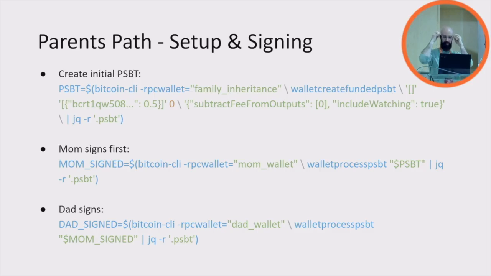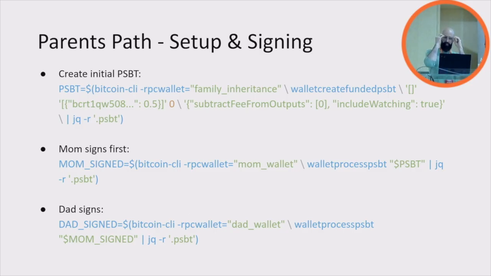Sorry, my glasses are slipping. So we can create a PSBT for our wallet, and Mom will sign first. She will use the wallet process PSBT call with the PSBT we just created and funded, and then Dad will sign also after that, and it will be the same if we need more signatures.